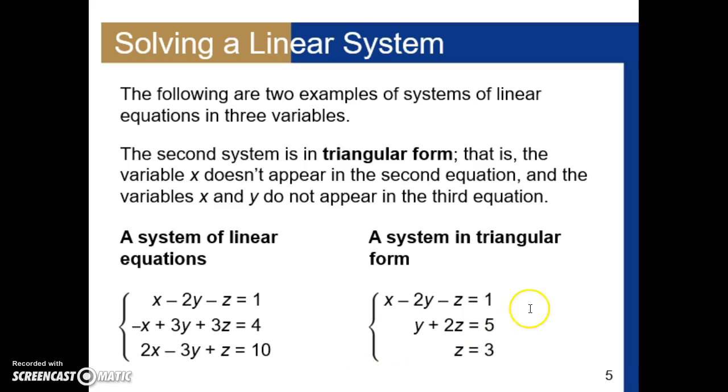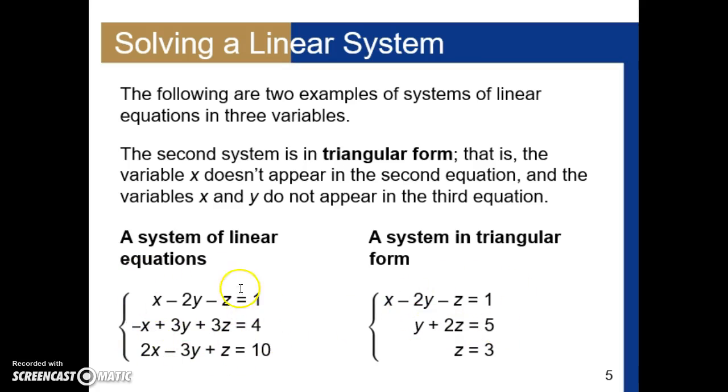If we have a triangular system, or the triangular form of a system, it's much easier to solve. We automatically start off with a value for one of the variables. One of the equations is only in 2 variables, one of which is the one that we know the value for, so we back substitute here. We would find a value for y, and then in the third equation that had all 3 variables in it, we would back substitute for y, back substitute for z, and find the value of x.